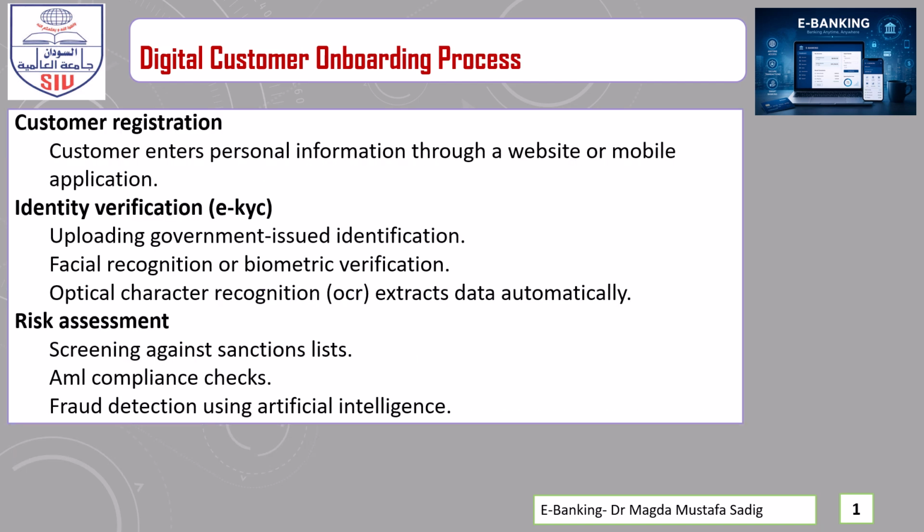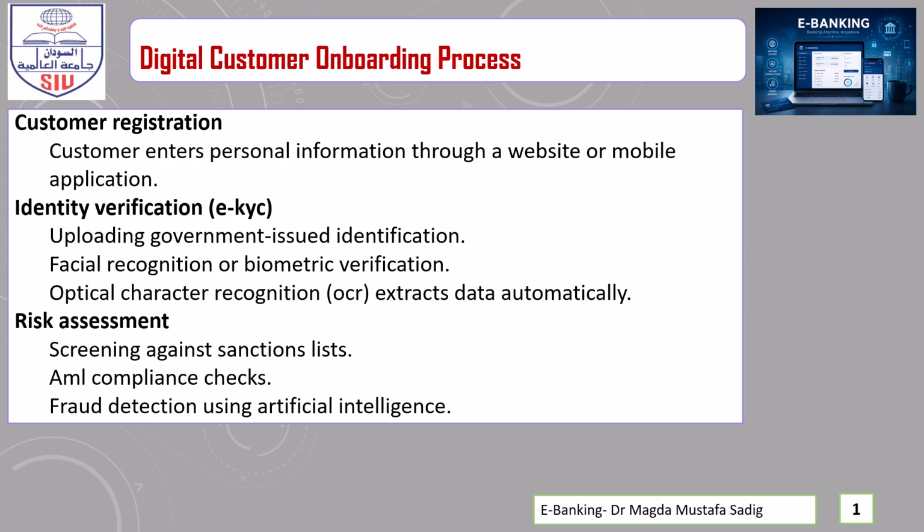Let us come to the digital customer onboarding process, part 1. Let us break down the architectural steps supporting this journey. First, customer registration. The user submits primary data such as name, residential address, contact number, and tax identification. Second, identity verification.